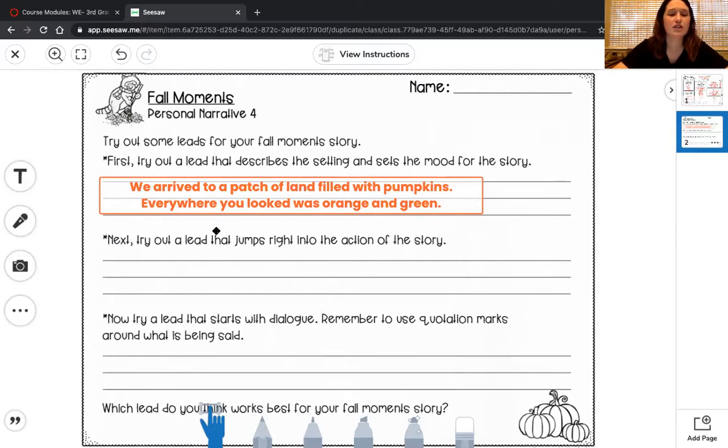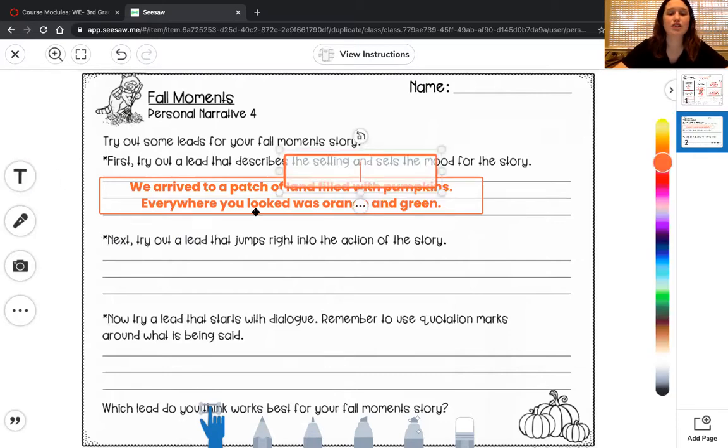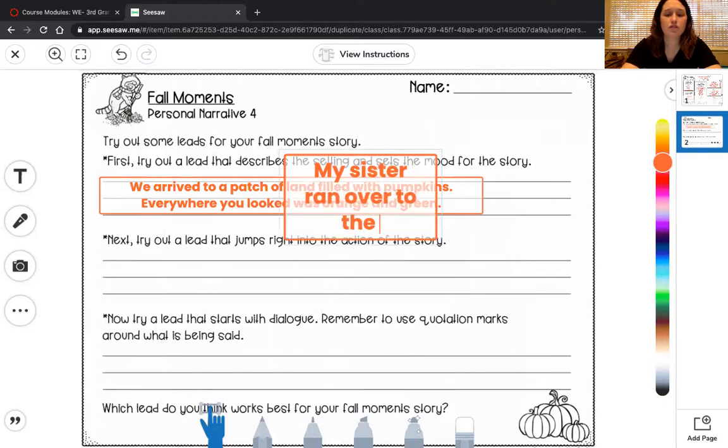All right, then it says next, try out a lead that jumps right into the action of the story. So let's see, I'm gonna say, my sister ran over to the big patch of pumpkins.